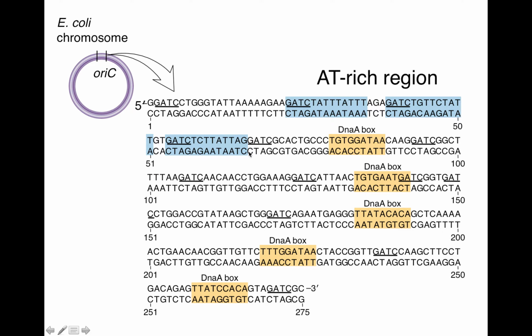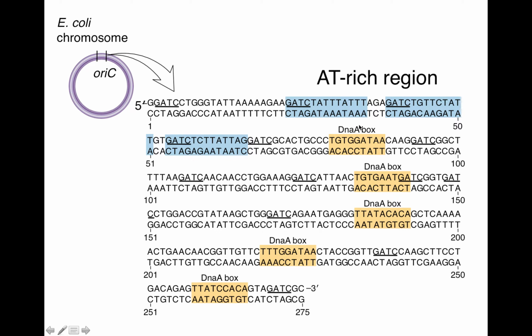This is the actual DNA sequence of the origin of replication on the E. coli chromosome. Notice there are some features that we can annotate. There are five different DnaA boxes. A box, in this case, is a sequence of nucleotides that has a function, usually to bind a particular protein.